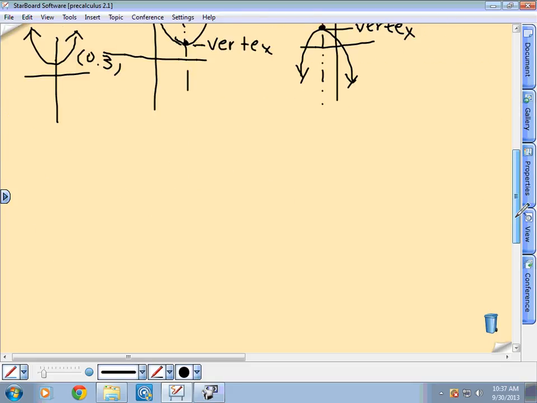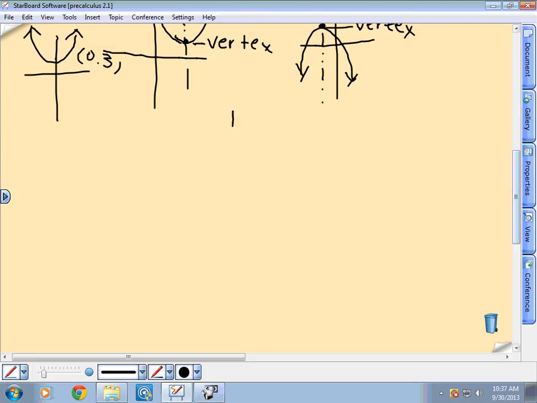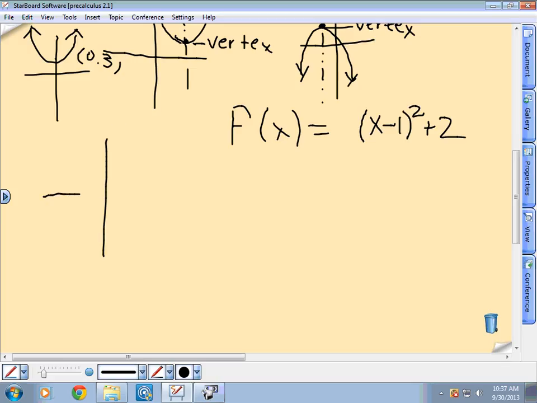All right. Let's take another one. f of x equals x minus 1 squared plus 2. Okay. What will that do to my quadratic function? What's that going to look like? This is all reviewed from last chapter, right?